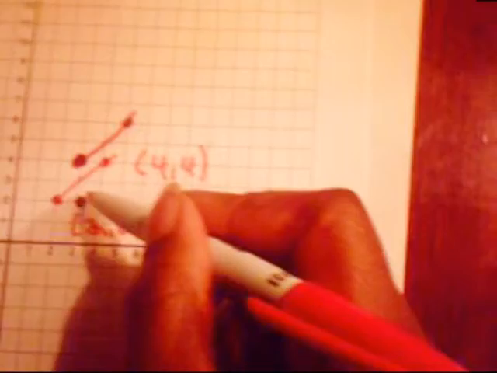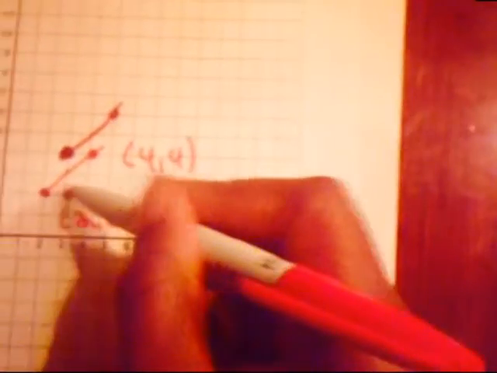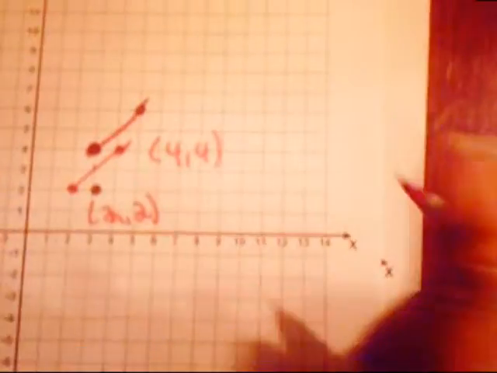Notice, guys, that it did not change its orientation. I just did what the translation rule asked me to do. Moved it 1 unit to the right and then 2 units up. 1 unit, then this point, 1 unit to the right and 2 units up. Yes, guys, you need to apply your translation rule to all of your points in order to be successful in having a translation or a slide.